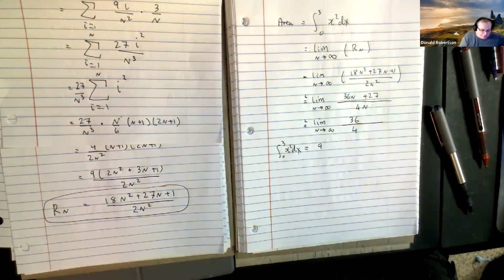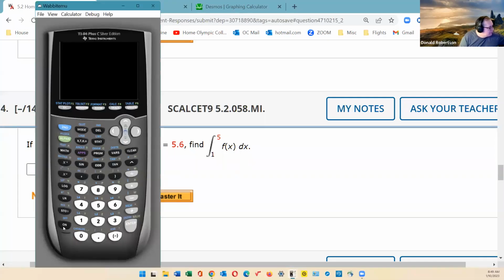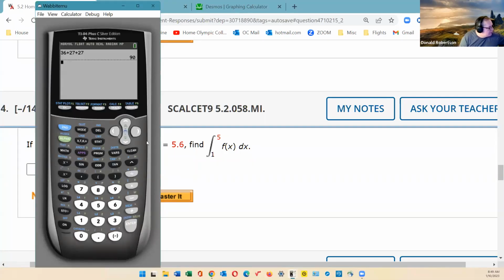Well, I just have time to prove it. I'm going to nip over here, and I'm going to go y equals, I'm going to put in x squared. Going to do the window from, I believe we chose 0 to 3.